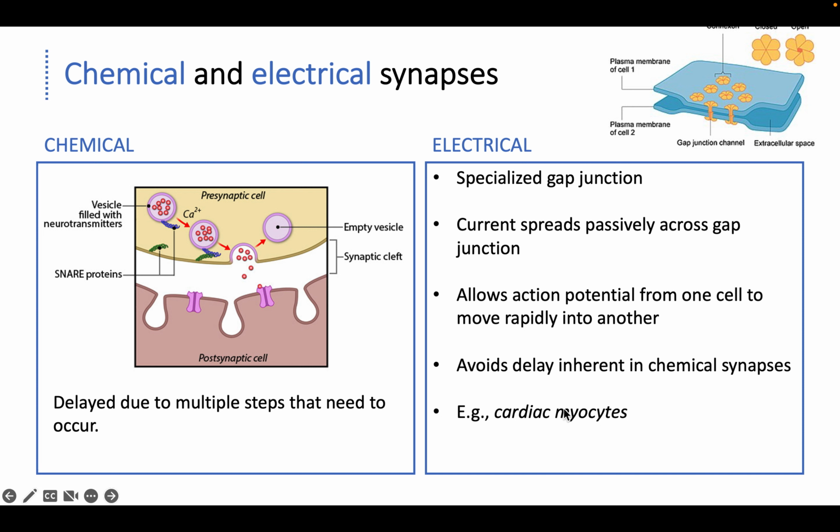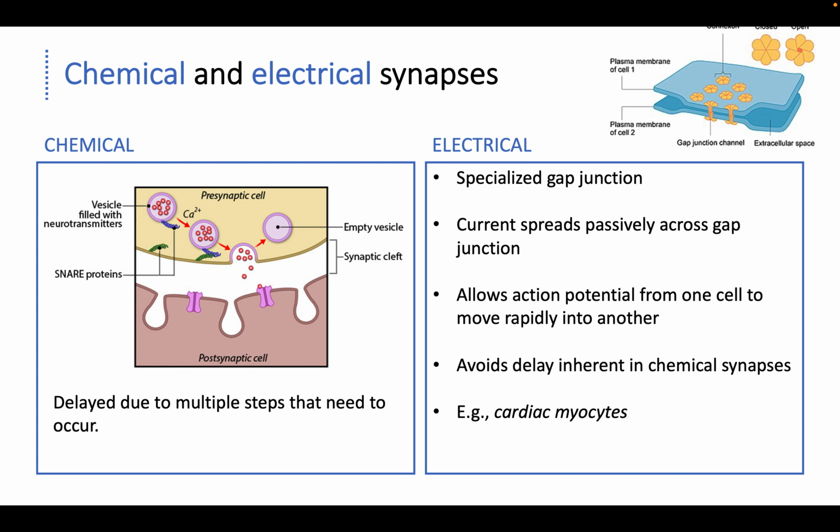So you see these electrical synapses in our cardiac cells, and you'll talk about it in AP2 whenever you do cardiac action potential, which is a different type of action potential than the one we're talking about. And the reason you want this in heart muscle is you want the heart to contract as one functional unit, right? You want the heart to contract as what's called a functional syncytium, one functional unit. And with an electrical synapse, you get that.